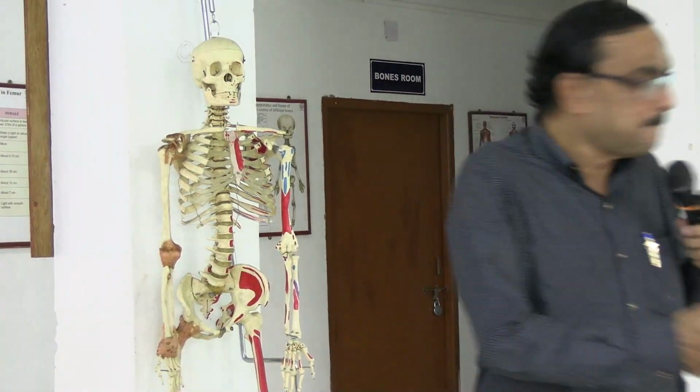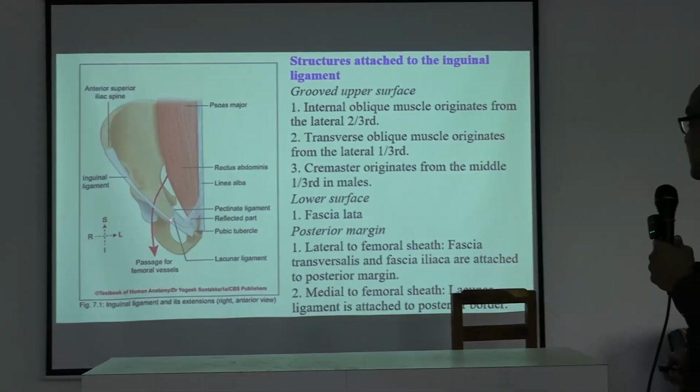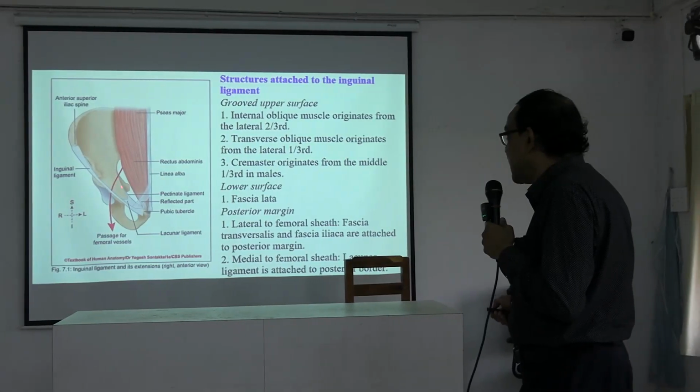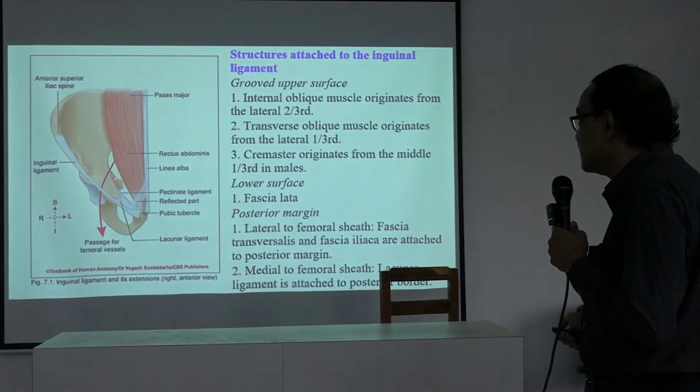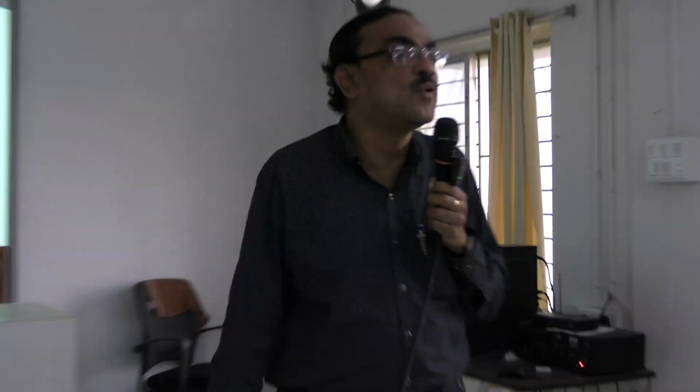Again, I am repeating this lacunar ligament, which has got outer lip and inner lip. Inner lip is continuous along the pecten pubis, and this is called pectinate ligament of Cooper.